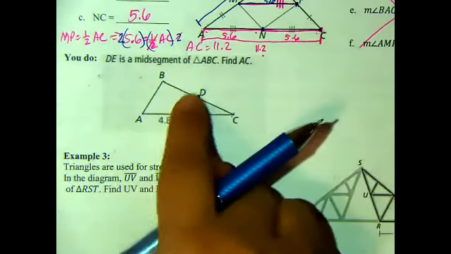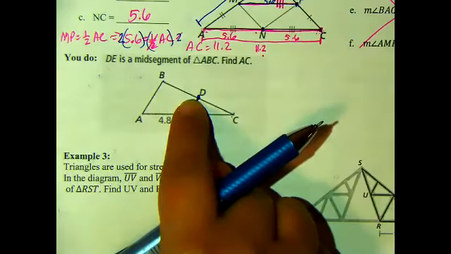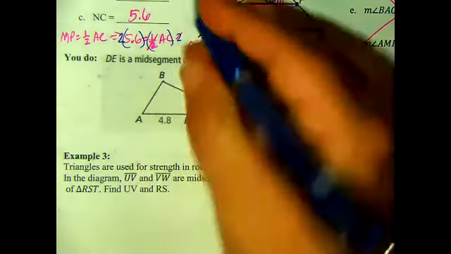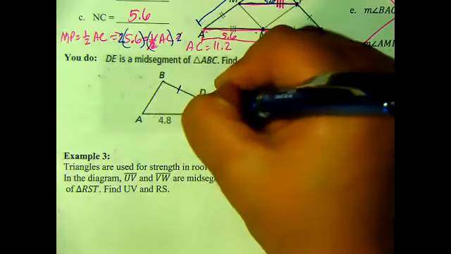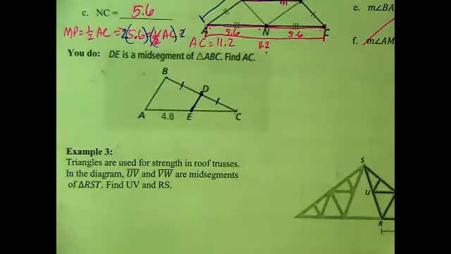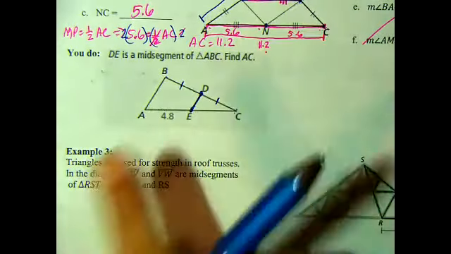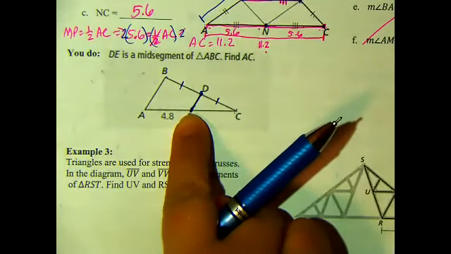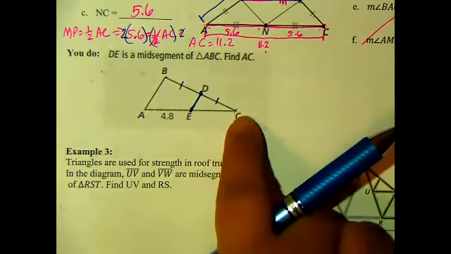Yeah, so if D is the midpoint, it cuts the midsegment in half, right? So therefore this is congruent to this. I'm taking this very slow. I've been saying the same thing for the last hour and a half now, guys. It also means E is the midpoint of AC.